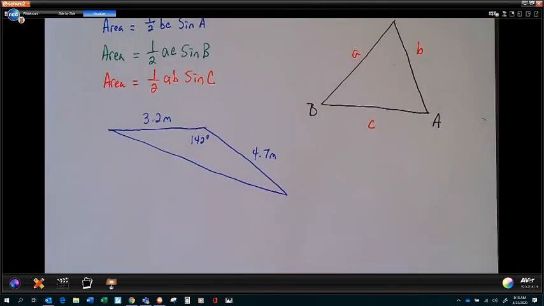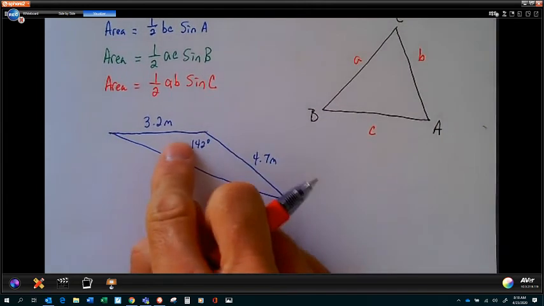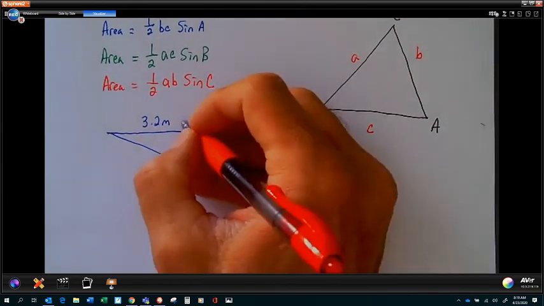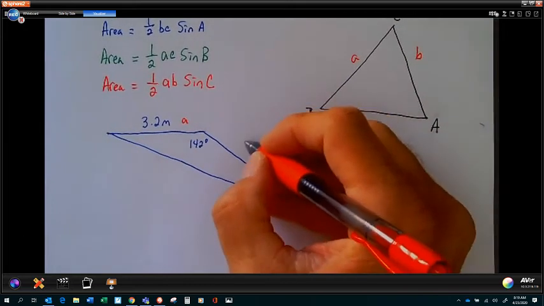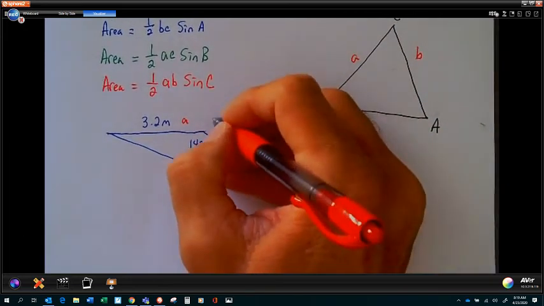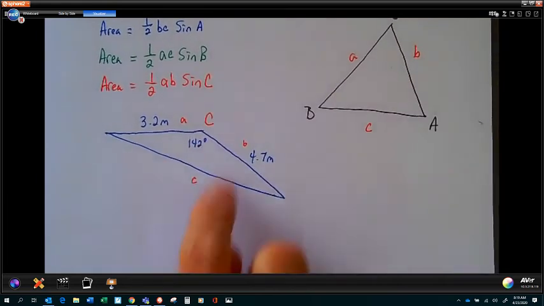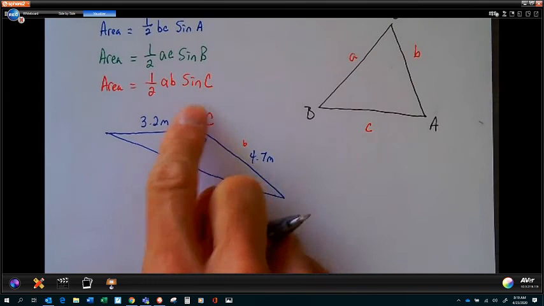So now we're going to move up here, because any of these formulas can be used if we don't know what they're labeled. We're going to say that side A is 3.2 and side B is 4.7, and this is side C, so that would make this angle C. Because we have the angle C here and A and B, we are going to use this formula.